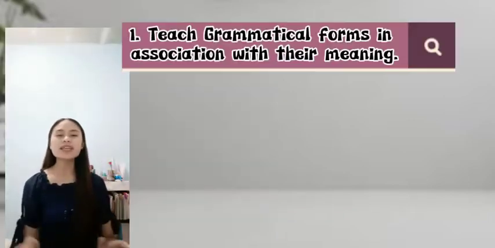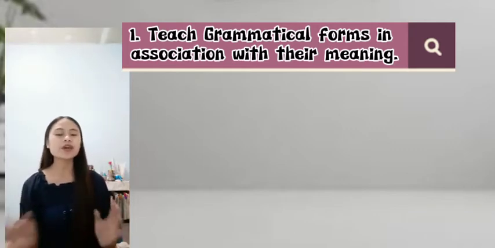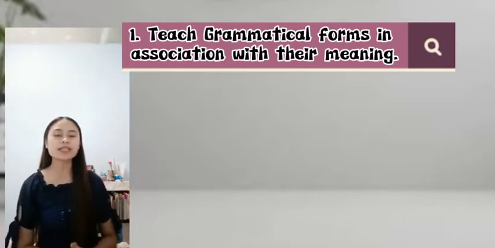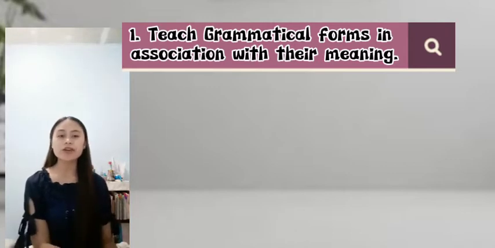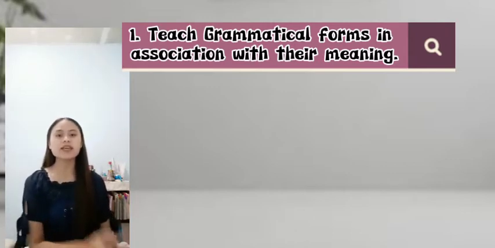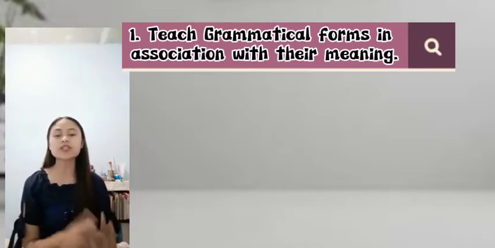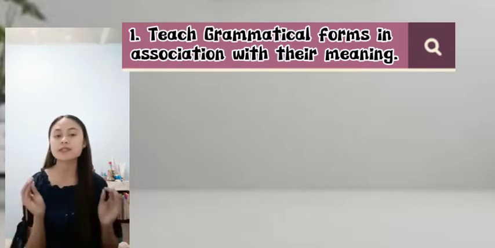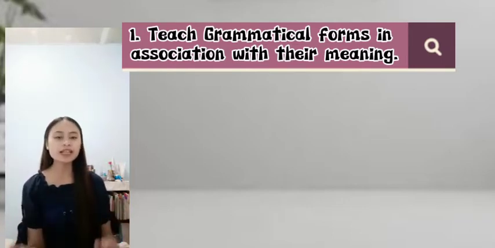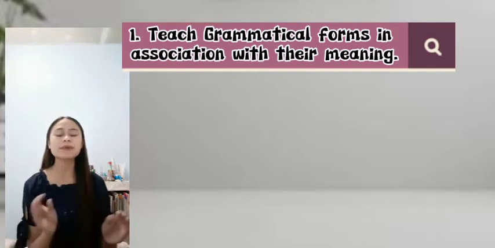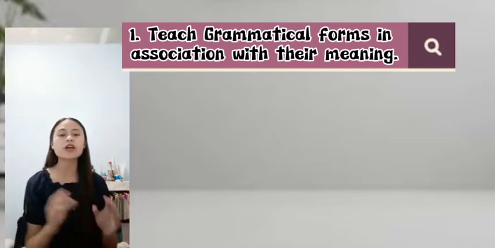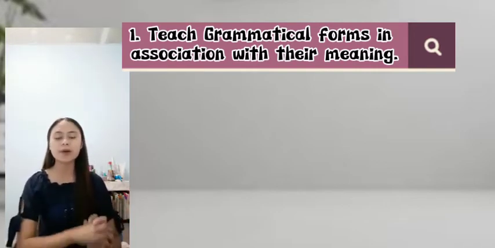To start with, I have here the first one. Teach grammatical forms in association with their meaning. So grammatical form can be described as what a word, a phrase, or a clause looks like. Traditional grammar refers to grammatical forms as parts of speech. The English language contains 8 basic grammatical forms, or we have 8 basic parts of speech.